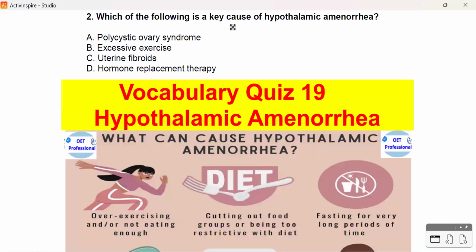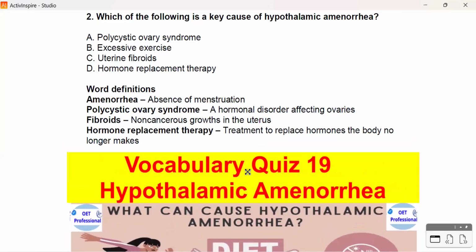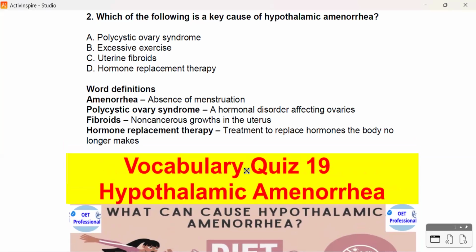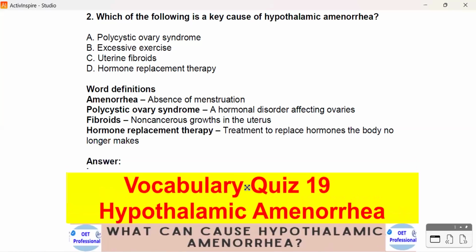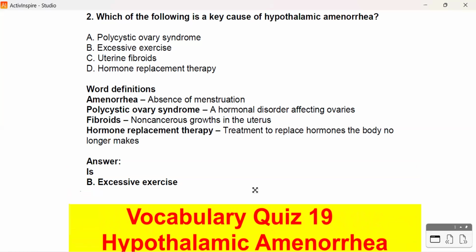Which of the following is a key cause of hypothalamic amenorrhea? Polycystic ovary syndrome, excessive exercise, uterine fibroids, hormone replacement therapy. The correct answer is excessive exercise.